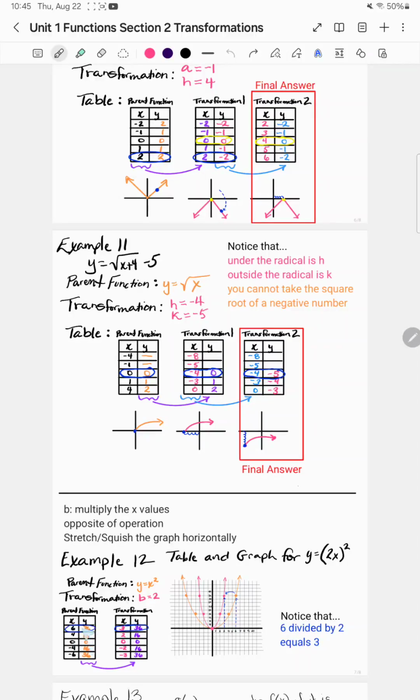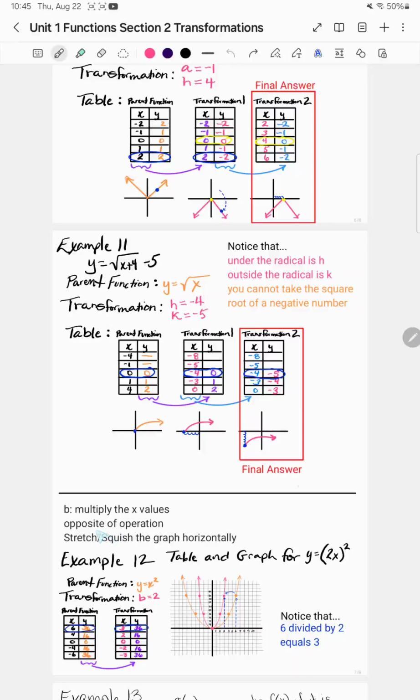Okay, so then the y values that go with those, 6 squared is 36, so y equals 36. 4 squared is 16, -4 squared is 16, and -6 squared is 36. Okay, because -6 times -6 equals a positive 36.